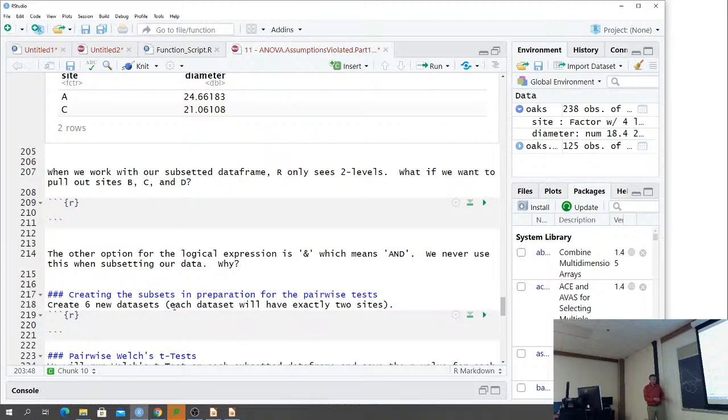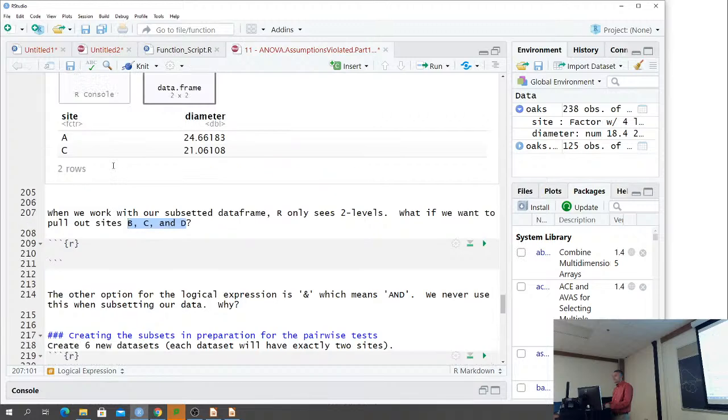So we're looking for every combination of our groups, and we should have a total of 6. So go ahead, write the code to generate these 6 subsets, and then think about what we would do if we wanted to pull out sites B, C, and D all at once.